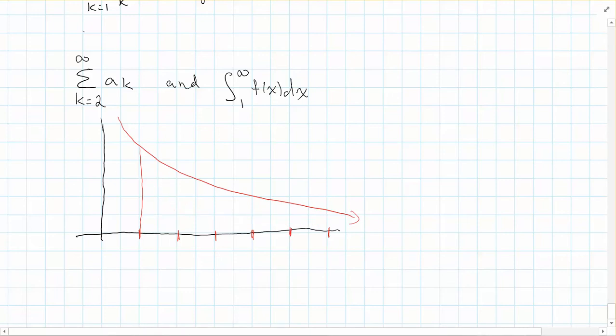But then what I'm going to do here is go back to Calc 1 and do something that we probably wish we wouldn't have to do again, but it's actually going to help us here: a Riemann sum. I'm going to use right endpoints of width 1 here.